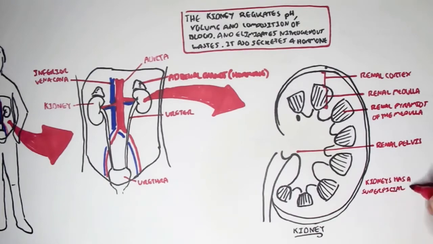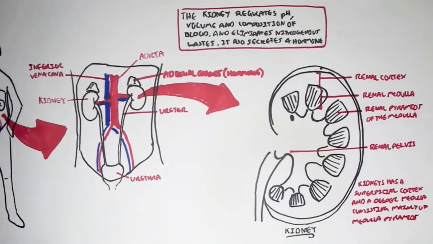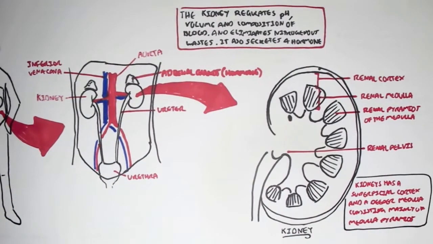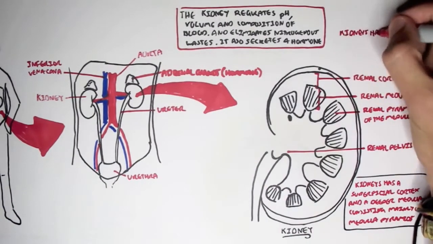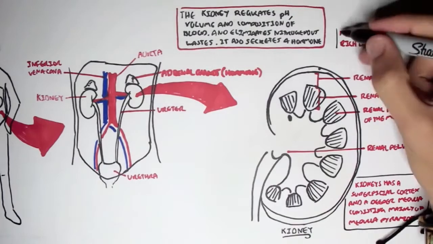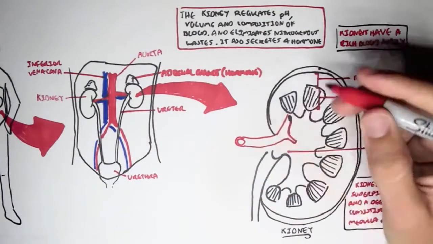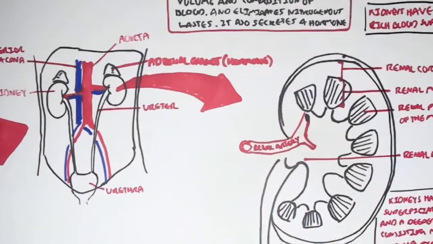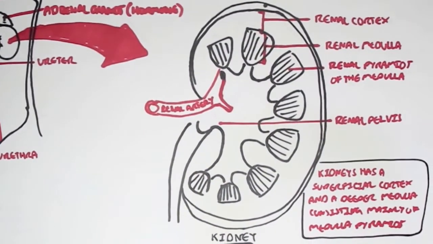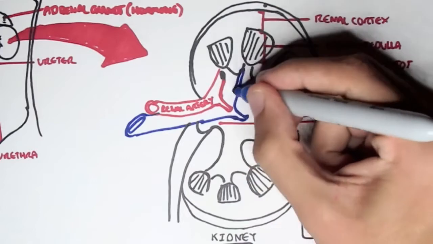So again, the kidney has a superficial cortex and a deeper medulla consisting mainly of renal pyramids. And now the kidneys have a very rich blood supply because this is how the kidneys regulate the blood pH, volume, and composition. Now, the artery which brings blood into the kidneys is called the renal artery.